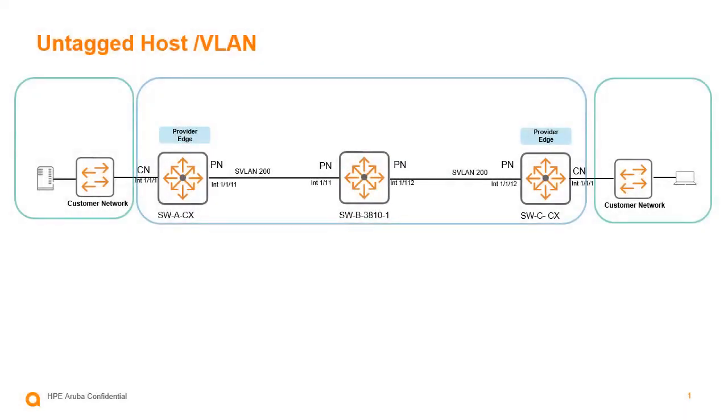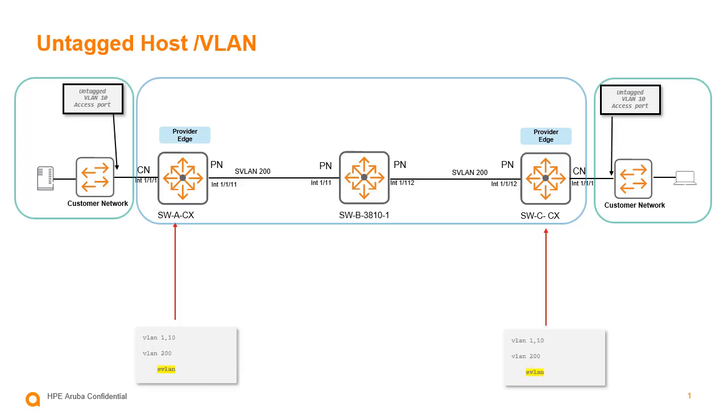This is an example of an untagged host VLAN connection to the provider service edge switch. So let's take a look at this. As an example, the customer network is presenting an access VLAN to the provider network. In this example, it's VLAN 10, and this VLAN will be aligned to the service VLAN 200.